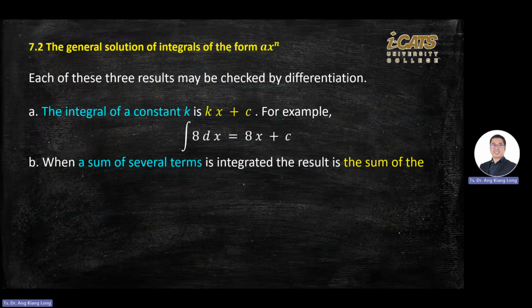When you integrate y dx, you'll get 8x plus c. Again, why plus c? Because your integration sign has no limit. This is also quite tricky in your final. If you don't see anything at the limit, please remember to write the plus c in your answer. This will be the tricky part.